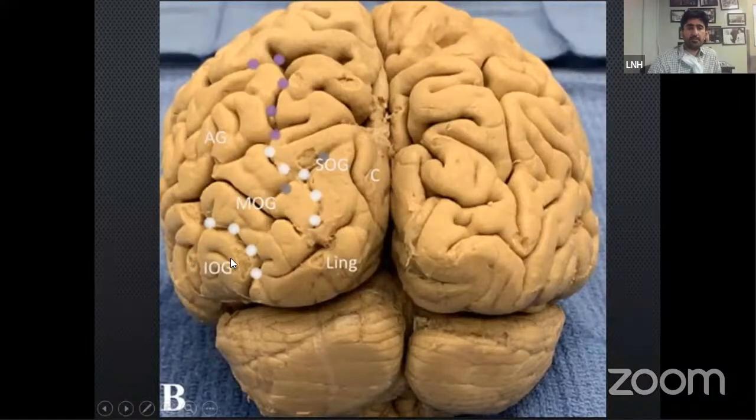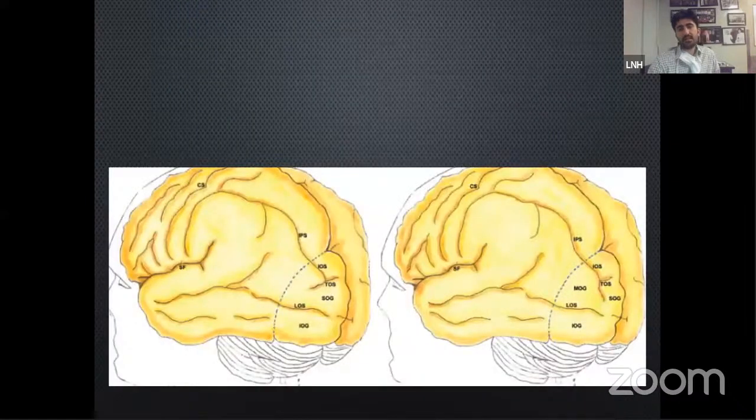And the gyrus which is present below this lateral sulcus forms the inferior occipital gyri. The inferior occipital gyri and the superior occipital gyri meet at the posterior end. So this junction is also known as the occipital fold. This is a diagrammatic representation for better understanding of the sulci and gyri of the occipital lobe.